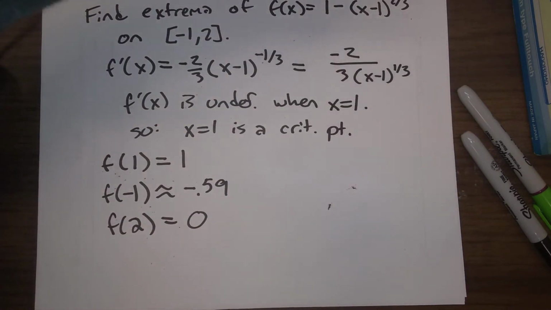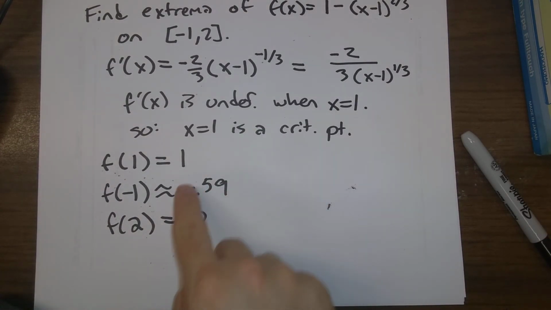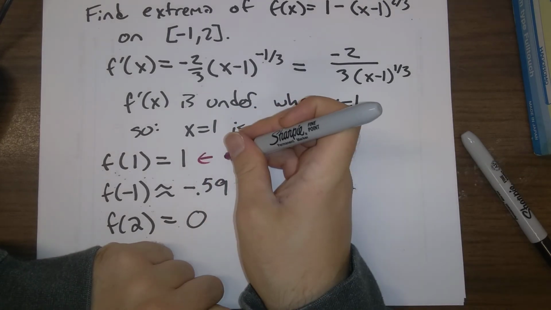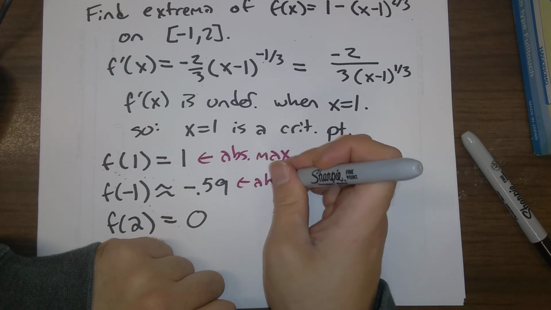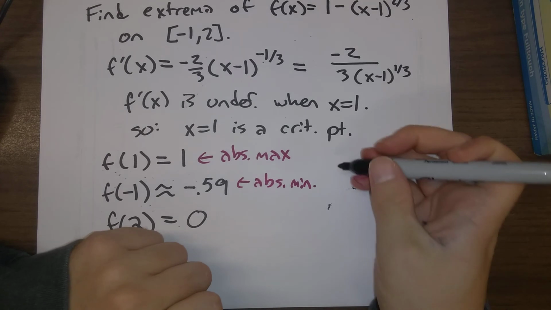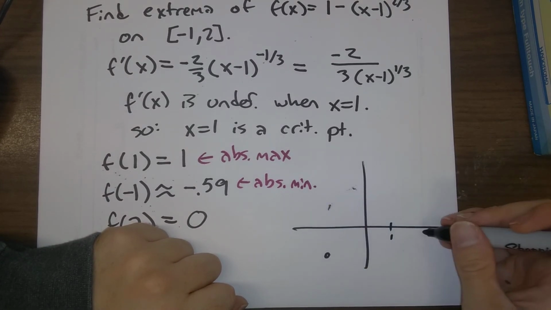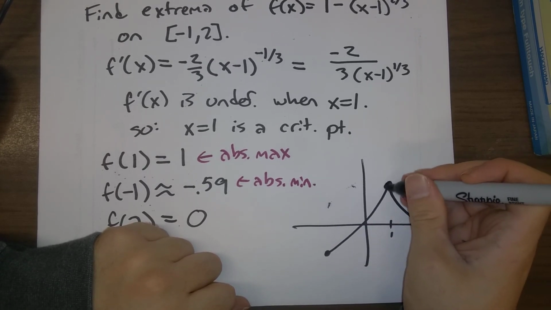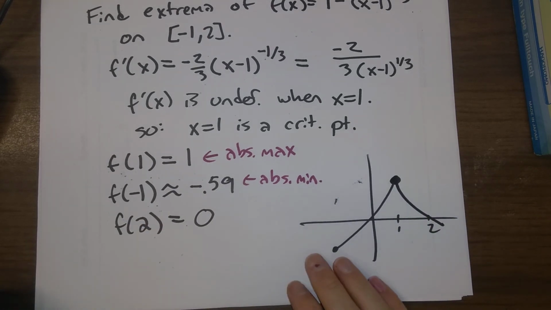The last thing for us to do is to choose. So 3 possibilities. This one looks the biggest and this one looks the smallest. So that gives us the absolute maximum and the absolute minimum. If you want to see a picture of what this looks like, you can see here clearly the cusp that is occurring where the function's derivative is undefined.